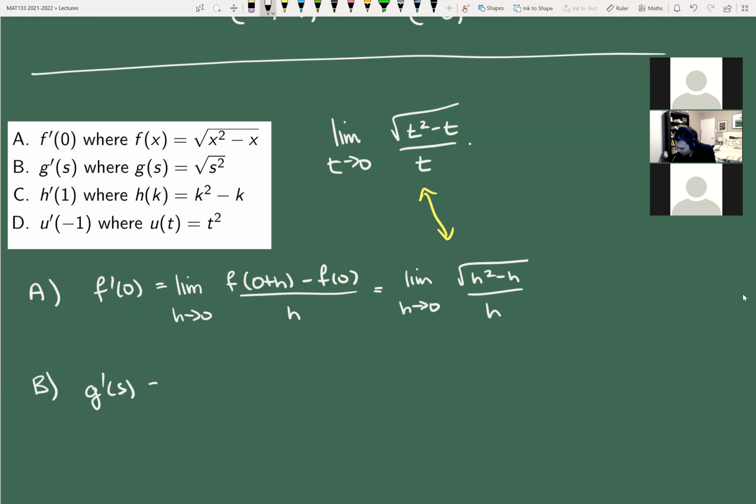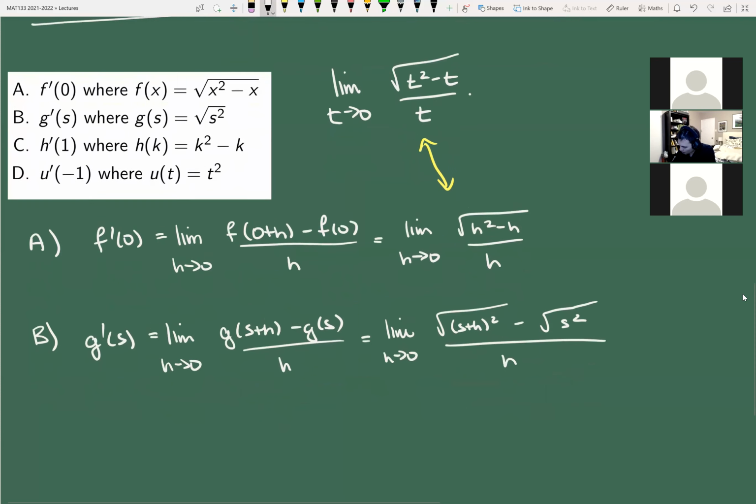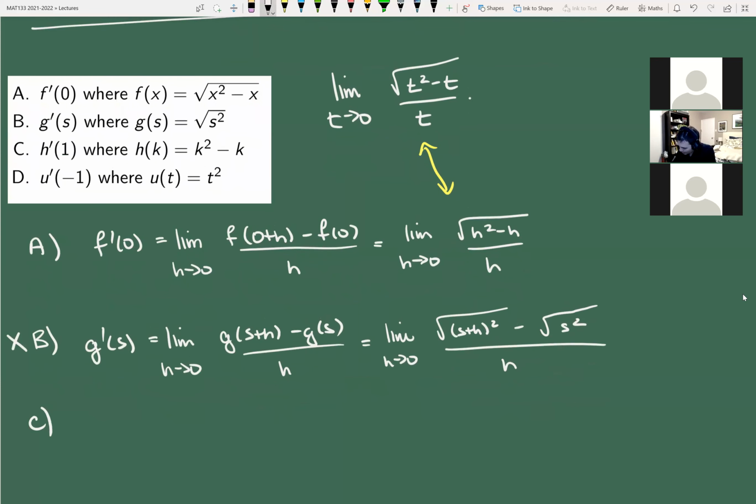So g prime of s, if you really didn't know what you were doing, you could just do them all, right? So this would be g of s plus h minus g of s divided by h. Limit as h goes to 0, square root of s plus h squared, minus the square root of s squared, divided by h. And that doesn't look like the same thing, right? Those don't look equal, so it's probably not B. All right, C, h prime of 1.